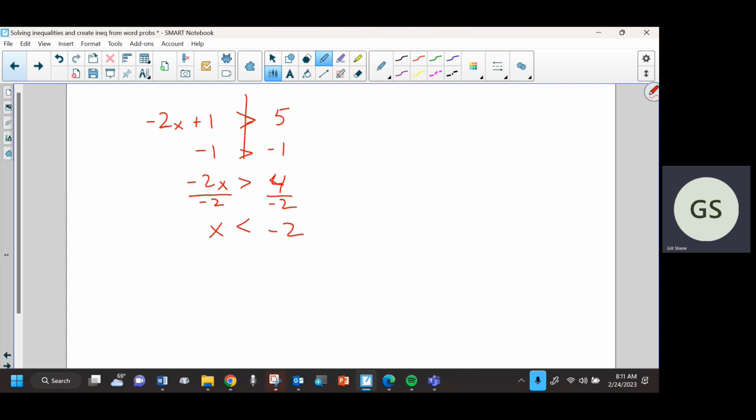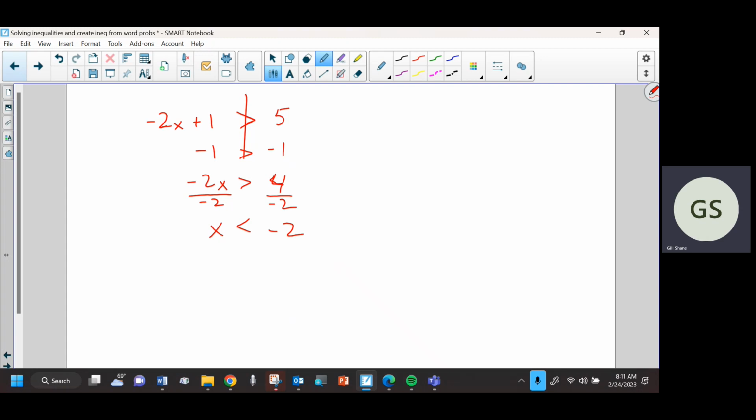So my answer actually is x is less than -2. We plugged in a 1 before, right? Well, 1 is not less than -2, so we would not be able to plug that in. We have to pick a number less than -2, so we could plug -3 in, and -3 would work.